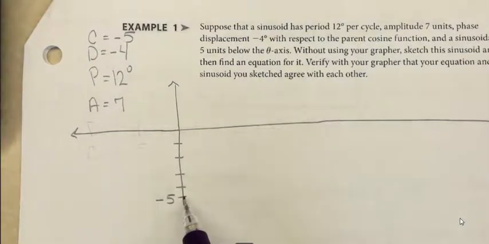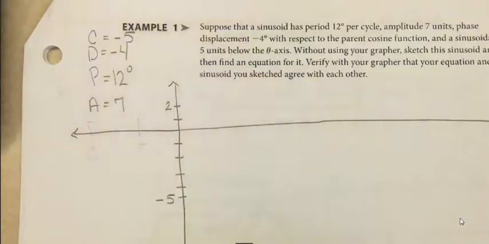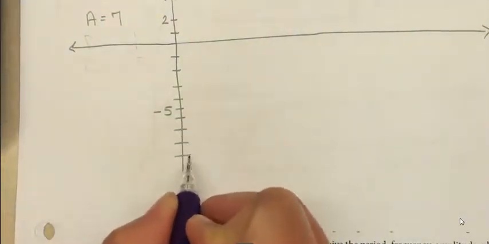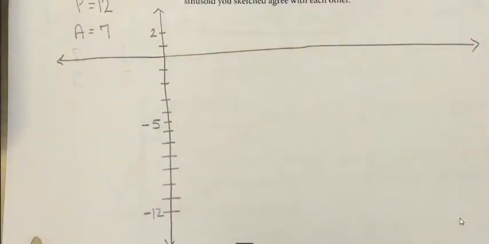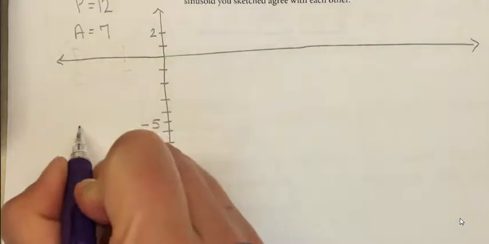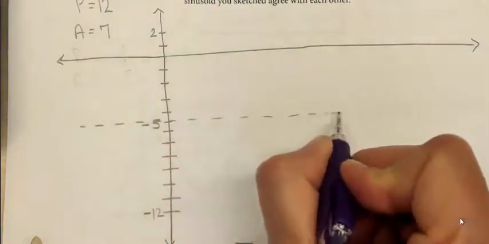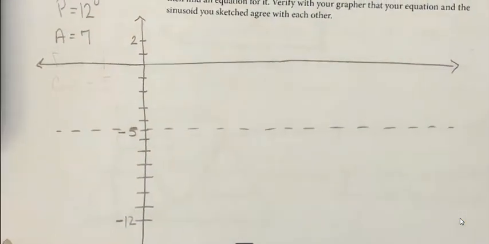So from -5 up 7, my highest point will be at +2. And then down 7, I'm at -12. Okay, so my midline is going to be where y equals -5. I usually put a dotted line for that.